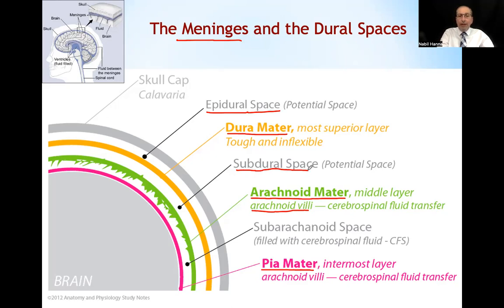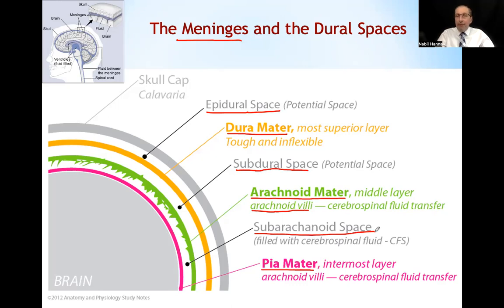And the third space is the subarachnoid space. And this is the only true space because it is filled with the cerebrospinal fluid. And this space is between the arachnoid mater and the pia mater.